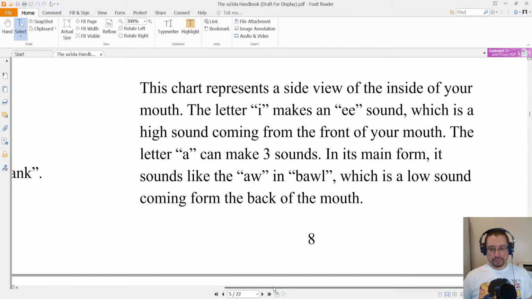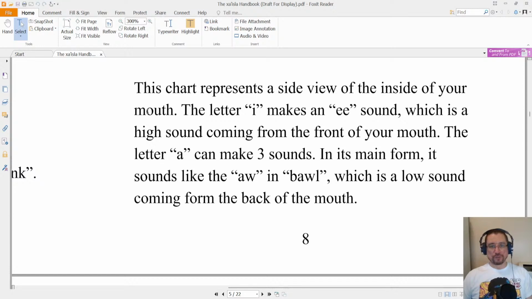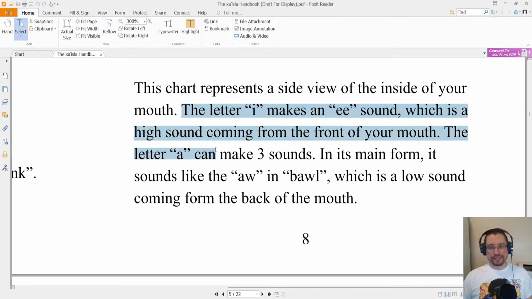So now we're going to go to the bottom of page 8. This chart represents a side view of the inside of your mouth, which I just explained. The letter I makes an E sound, which is a high sound coming from the front of your mouth.